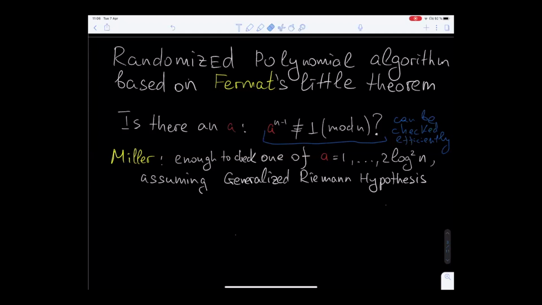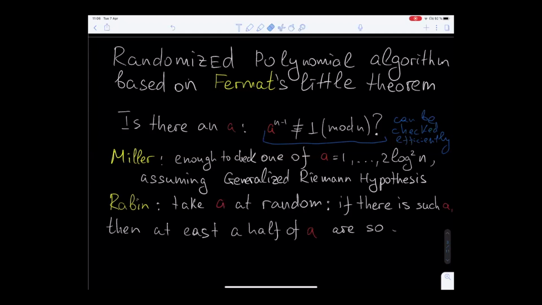But then Rabin suggested a simpler test, just take a at random, because if there is such an a, apparently at least half of the a's are such that they will violate this property. So why is that?